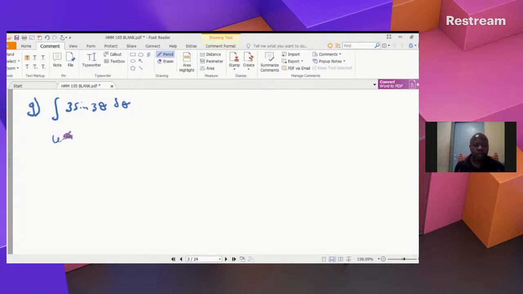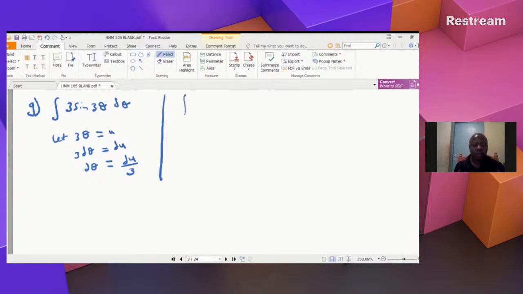So I would say let 3 theta be u, and then differentiate both sides. This will be 3 d theta is equal to du, and then make d theta the subject because we need to substitute it here. D theta will be du out of 3. Then come and do integration now.